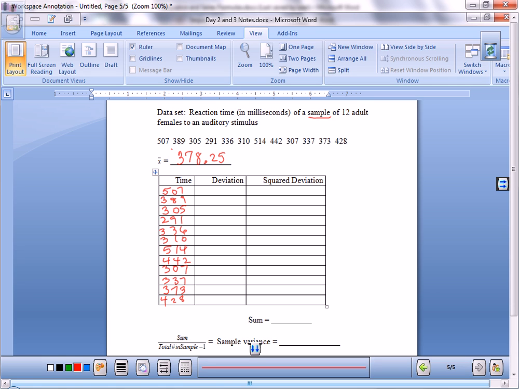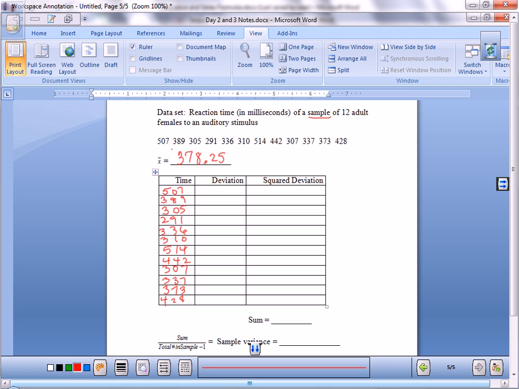Okay, we're going to tell the calculator, take all that stuff in L1 and subtract this mean from it. The way we're going to do that is if you hit data one more time, do you see you have a choice to enter a formula if you arrow over? Yes. So arrow over and then hit enter for add formula. What we want to do is take everything in L1 and subtract that 378.25 from it.